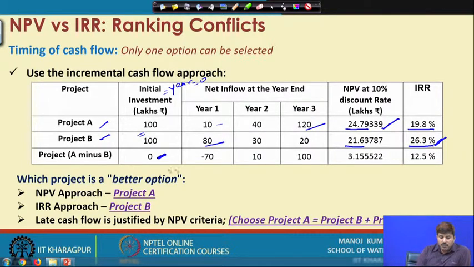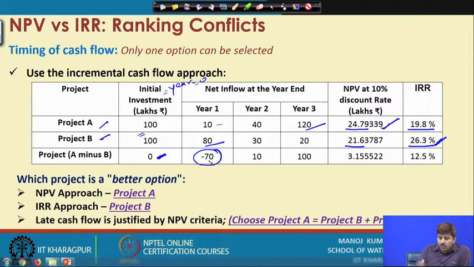That means we are creating an imaginary project A minus B, which is equivalent to 70 lakhs of investment. So, if we invest a further 70 lakhs, let us say we generated 10 here and invest a further 70. So, we will reach this value.